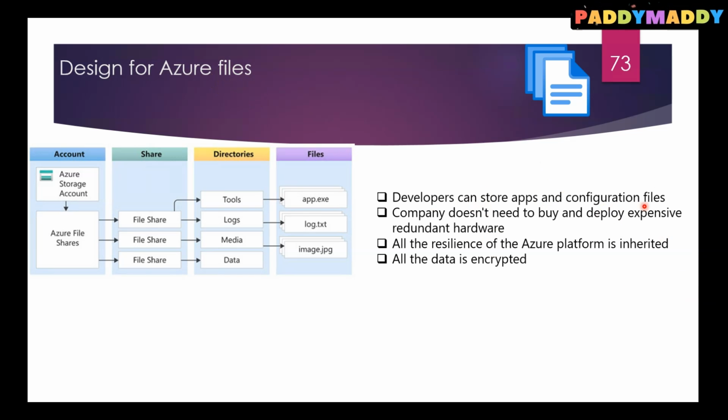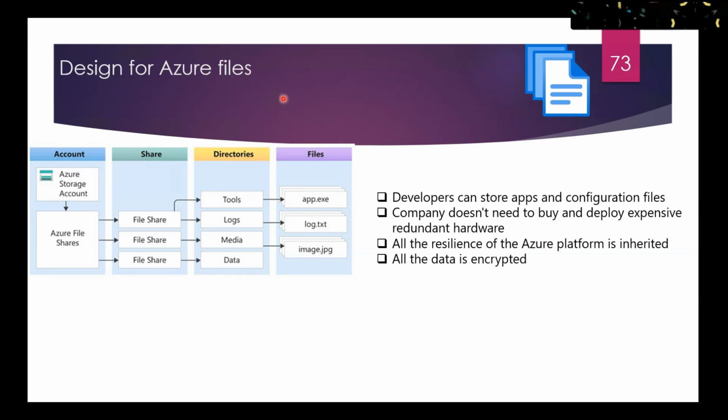The second most useful case is that with the help of Azure Files, or file shares directly from the Azure cloud, a company does not need to buy and deploy expensive redundant hardware, because the entire Azure file share provides resilience.